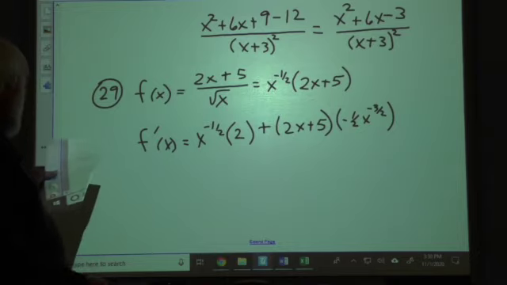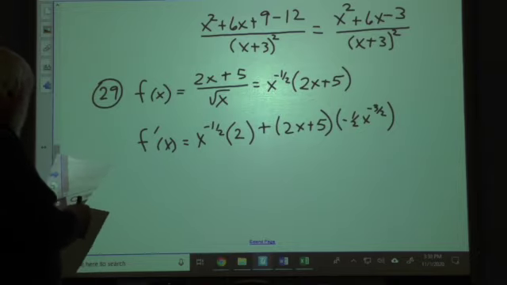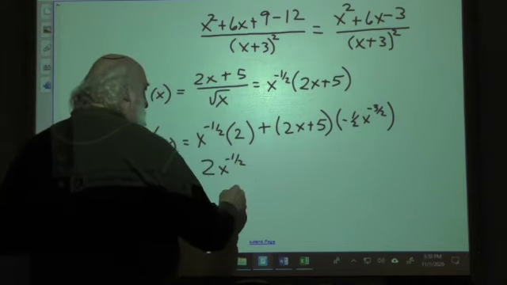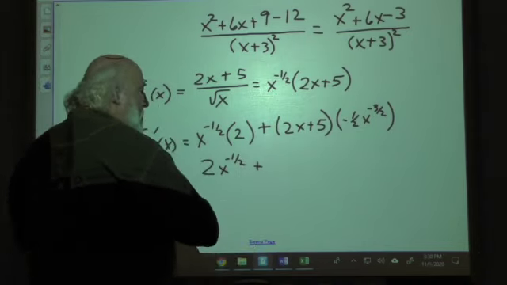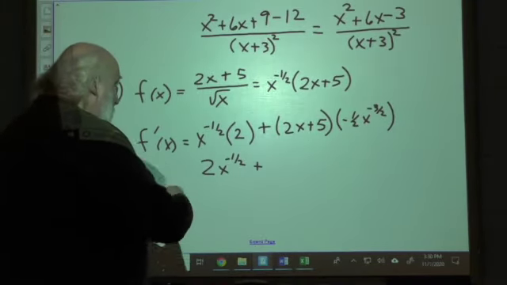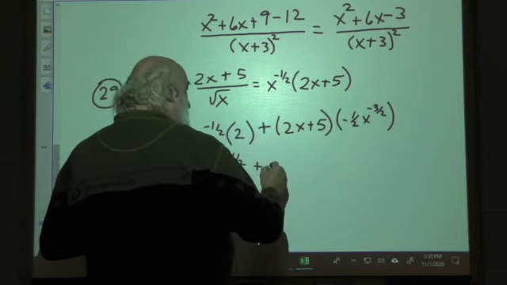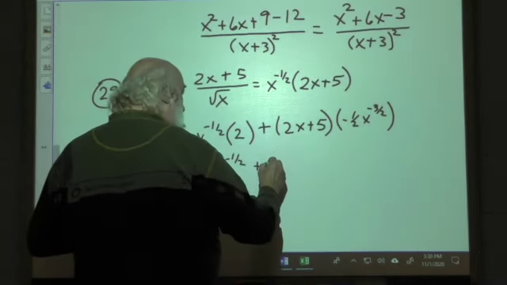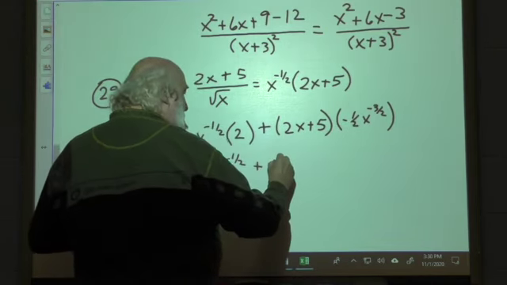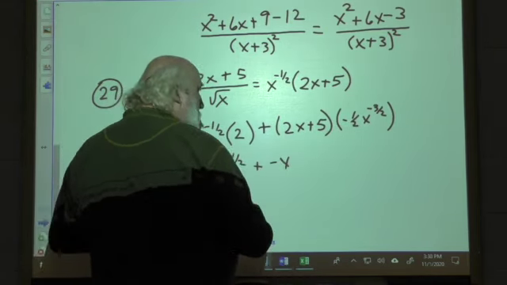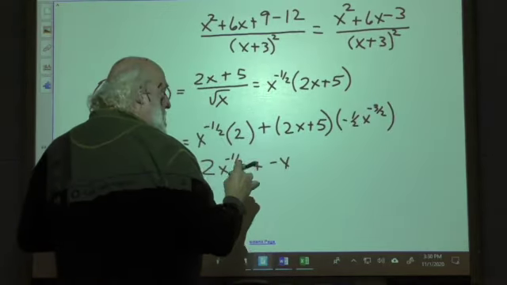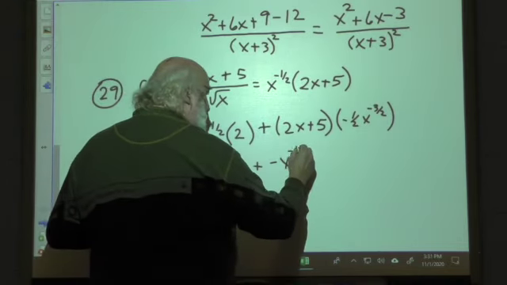Now, we're going to go through and resolve all this. And so this is going to give us 2x to the negative 1/2 power plus, and I'm going to multiply this across both of these, which will give me negative 2x times negative 1/2x is just going to give me negative x to the, and this is 1 plus negative 3/2, which is negative 1/2.